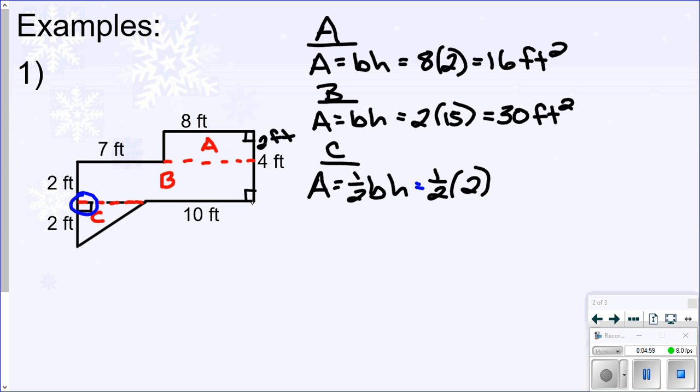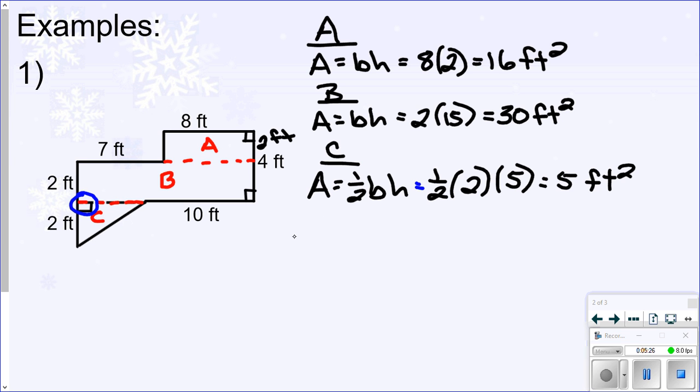If we subtract the 10 from the 15, we get that this piece is 5. So 1/2 times 2 times 5. Multiply 2 times 5, that's 10, then divide by 2, and you get 5 square feet.